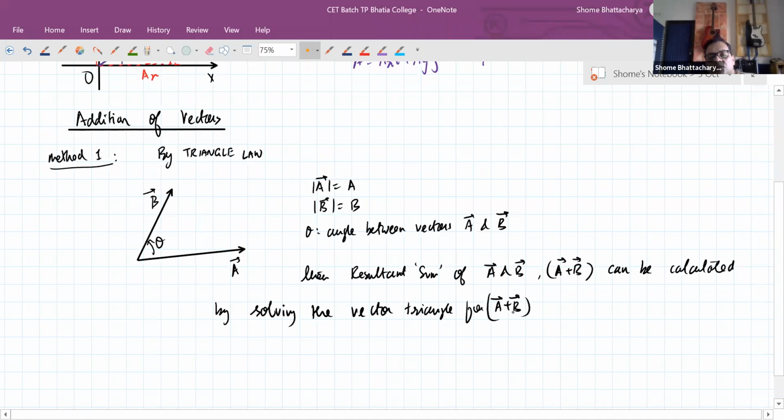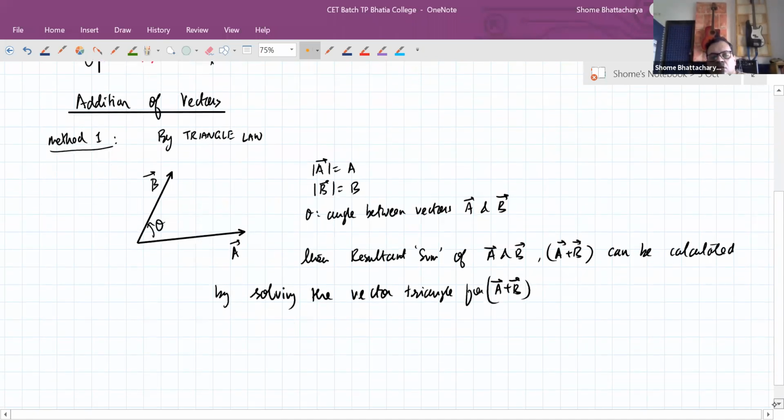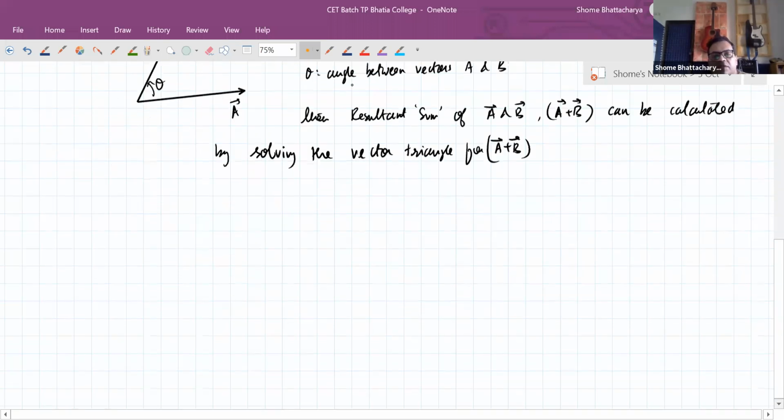How do we construct the vector triangle for A plus B? The vectors A and B themselves are drawn head to tail. That is, we draw the vector A, and then from the head of vector A, the vector B is drawn.